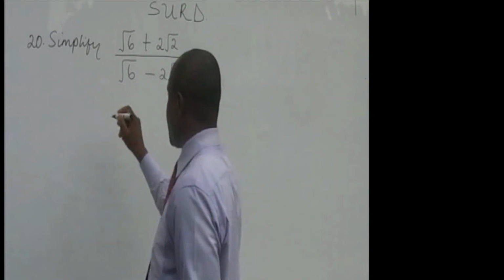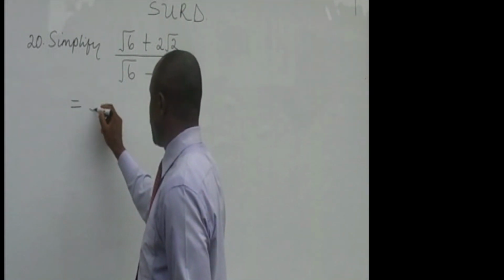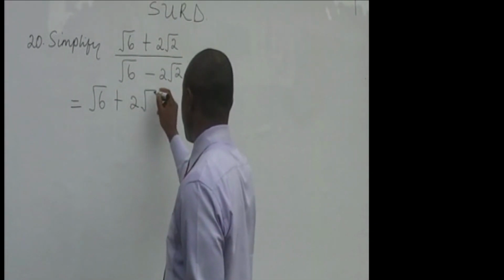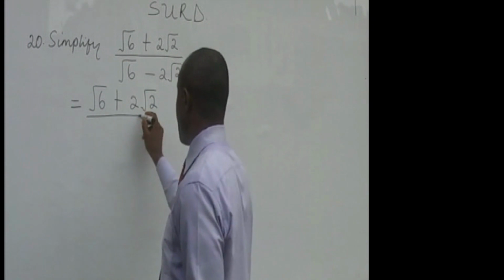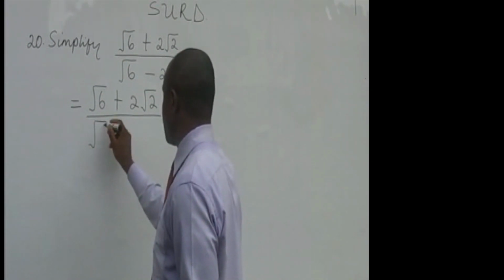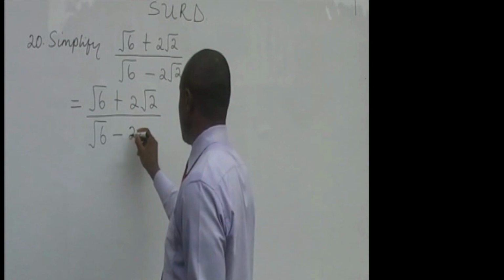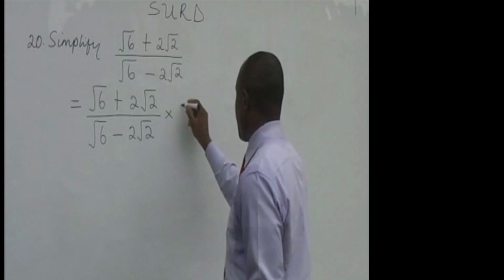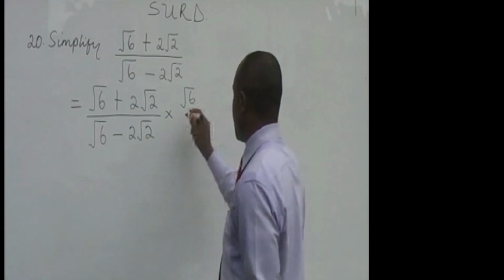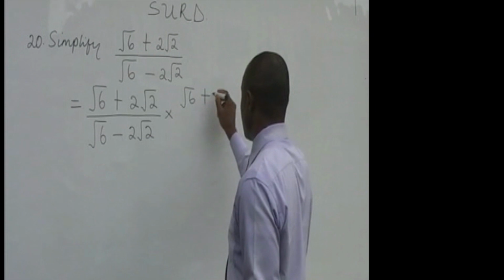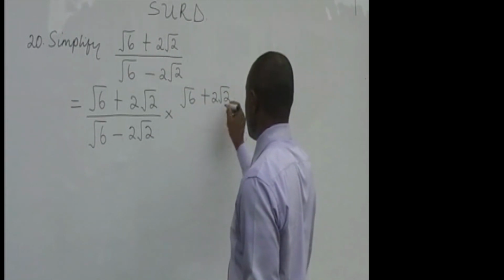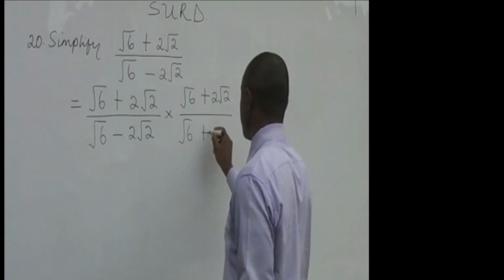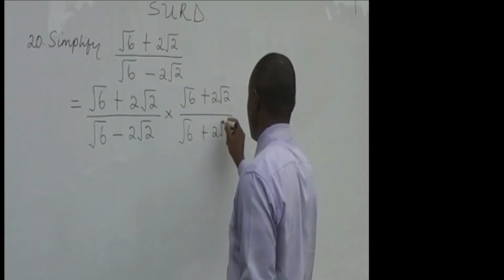Just like the former one we did, we are going to have root 6 plus 2 root 2 all over root 6 minus 2 root 2, times root 6 instead of minus plus 2 root 2, divided by root 6 plus the same thing you have of 2 root 2.